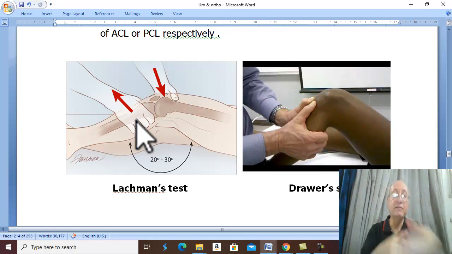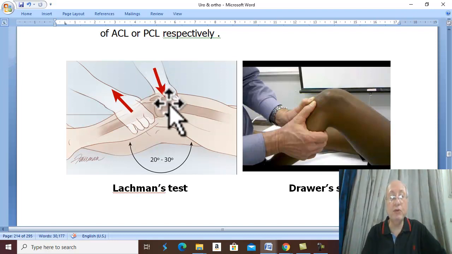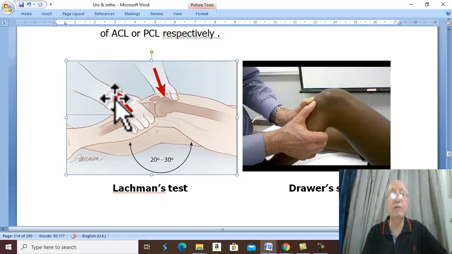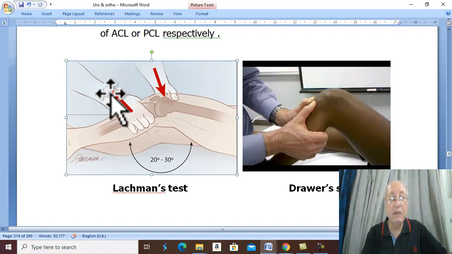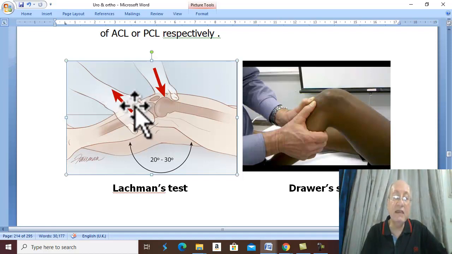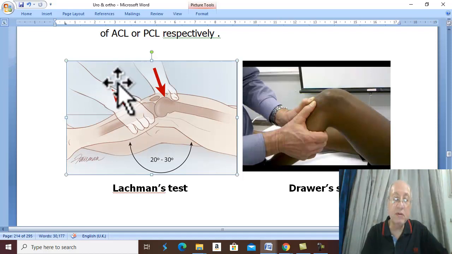The hand holding the femur pushes backward, and the hand holding the tibia pushes forward. If there is detectable abnormal anterior movement, this indicates injury of the anterior cruciate. If there is a sliding or gliding of the tibia forward, this means injury of the anterior cruciate.